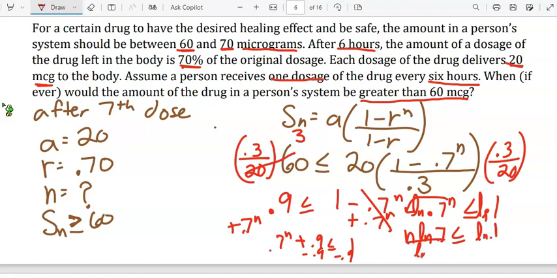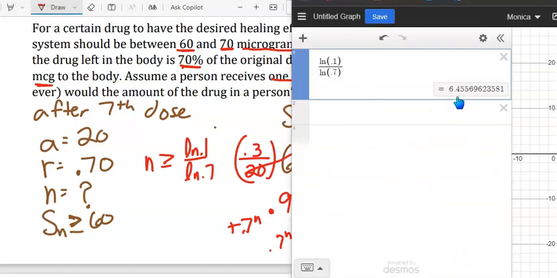Divide each side by ln of 0.7. Now ln of 0.7 is a negative number, so we're going to flip the inequality symbol. And then when we put that in the calculator, you get 6.46. And then it would be after the 6th dose, during the 7th dose, that the person would have at least 60 micrograms.